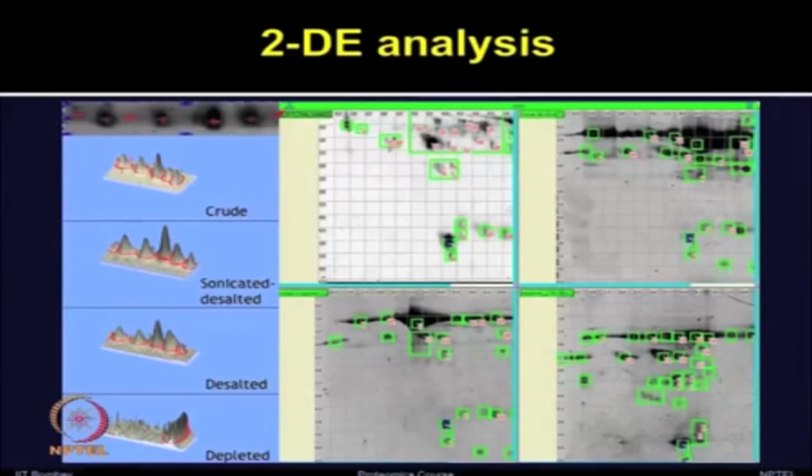So, we tried various types of effects: crude serum alone, sonicated and desalted, desalted alone, and depleted and desalted, and then tried to compare the effect of these types of processing on overall proteome coverage.